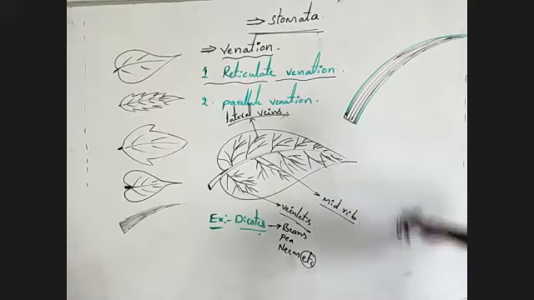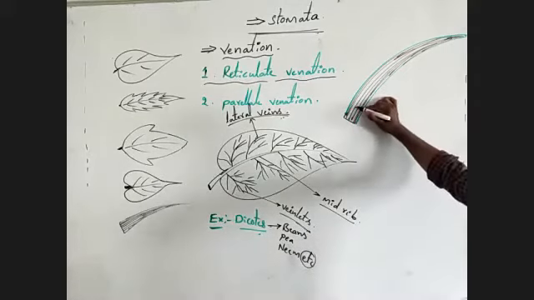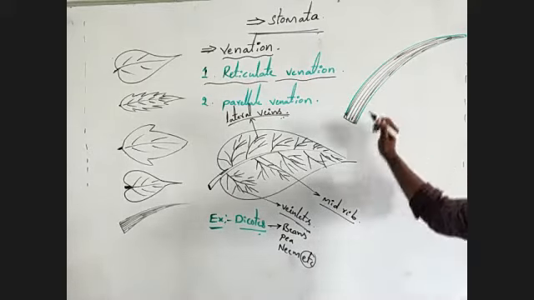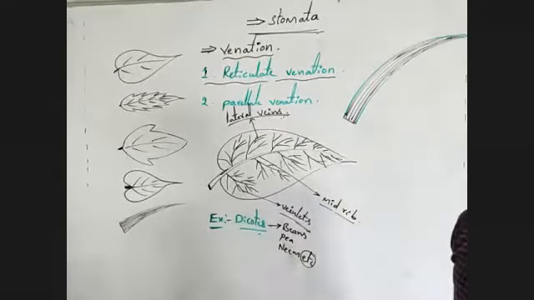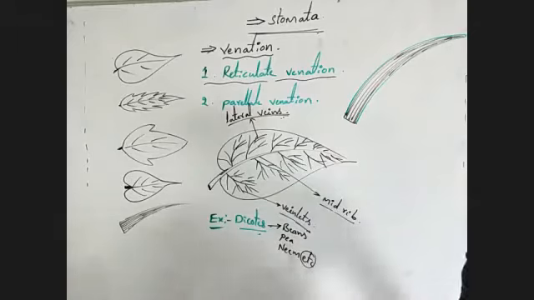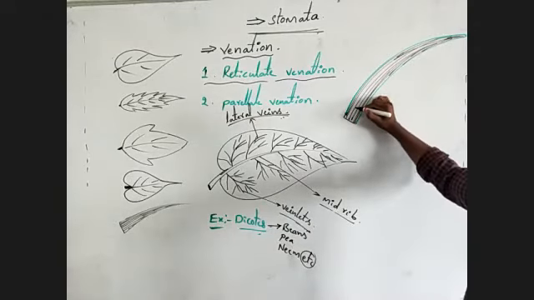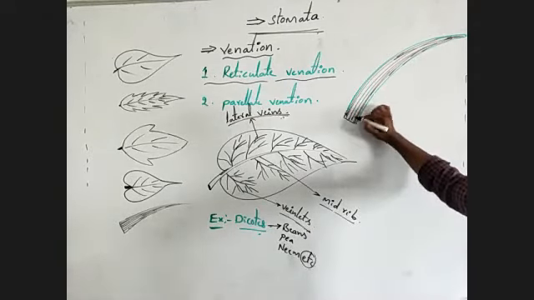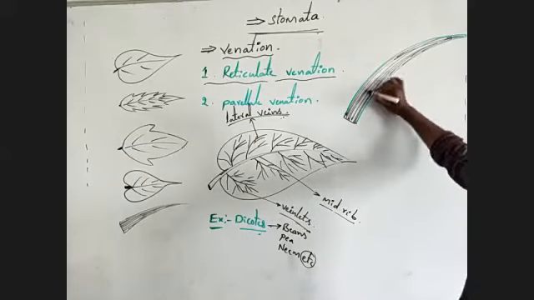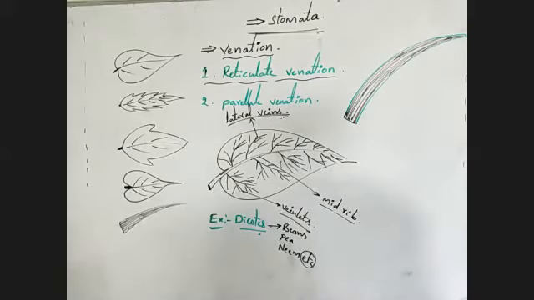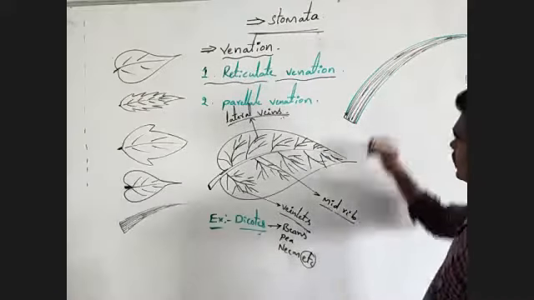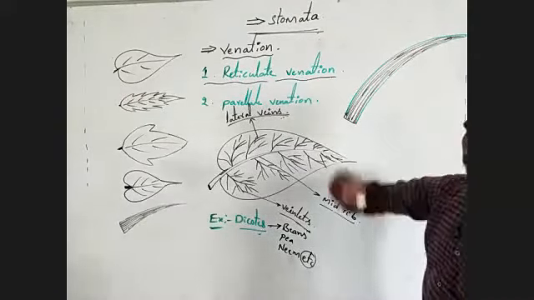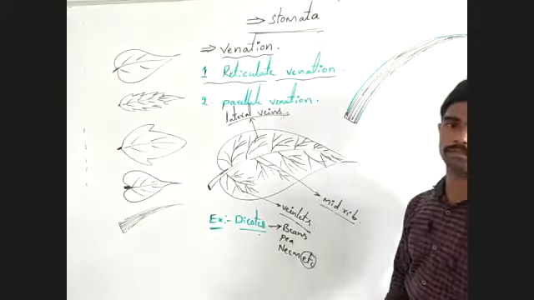Observe here, these are veins. There is no prominent midrib. All veins are similar. All veins are arranged parallel to each other in this way, like this. Understanding? This type of venation is called parallel venation.